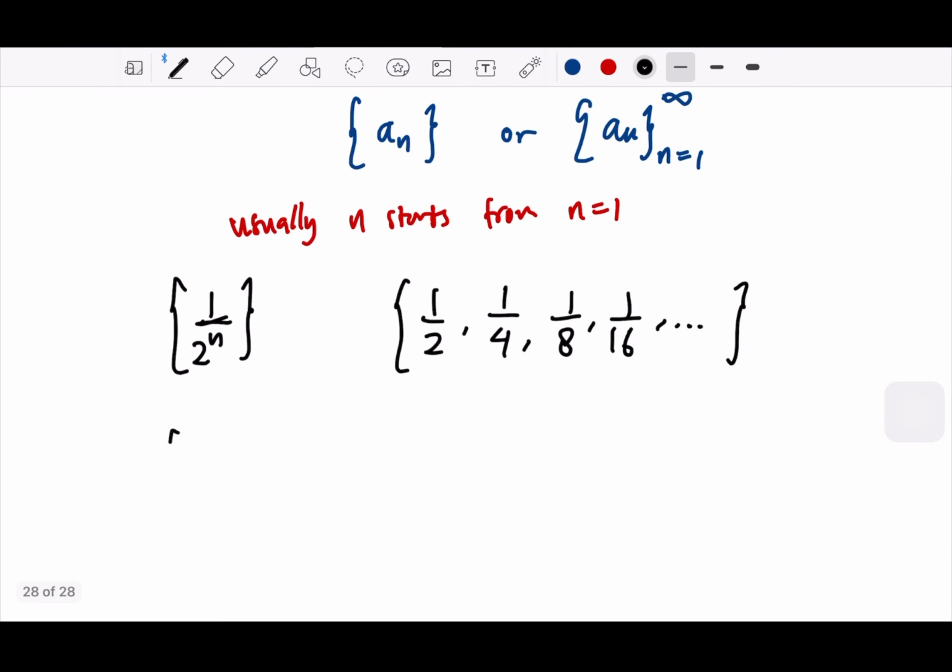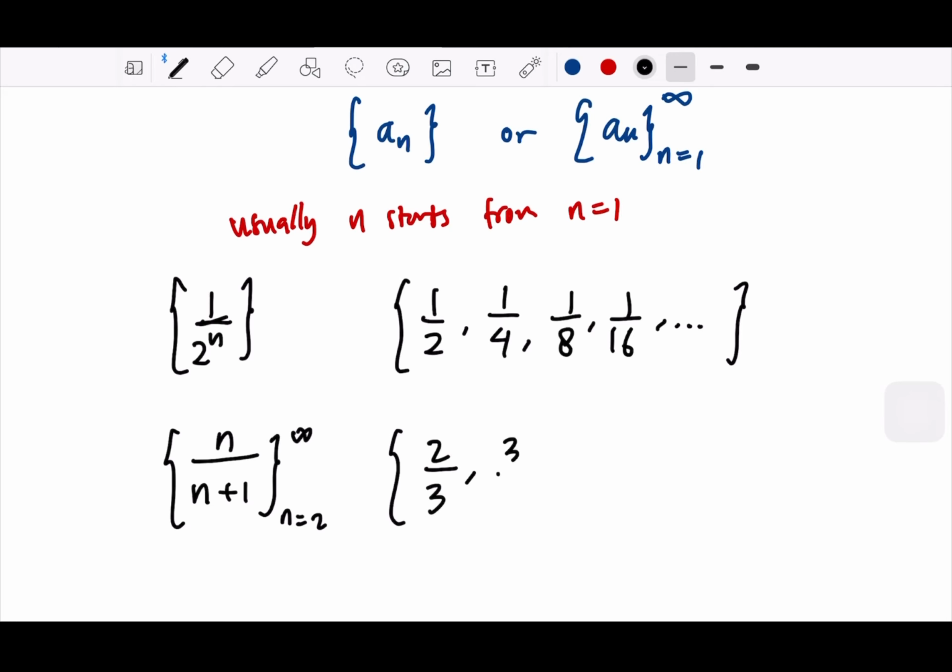We can also start the sequence from any n we want, maybe n equal 2. So if we start from n equal 2, this will start from 2 over 3, 3 over 4, 4 over 5, and so on.